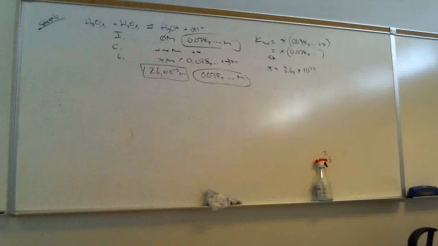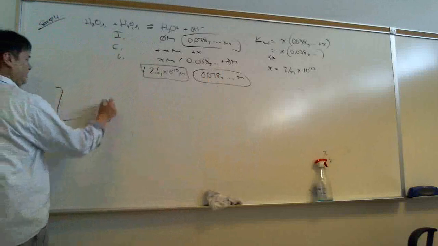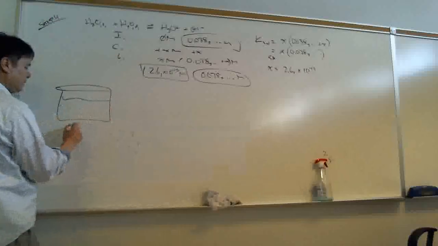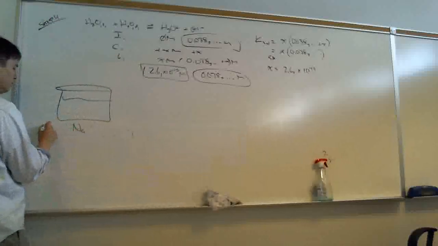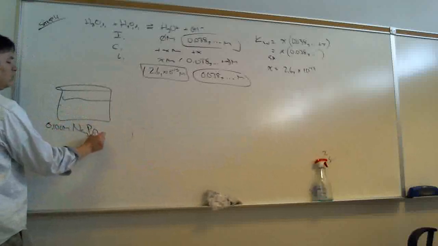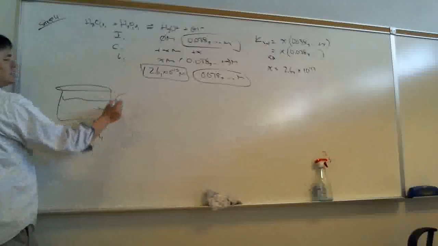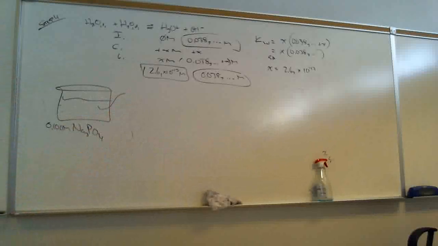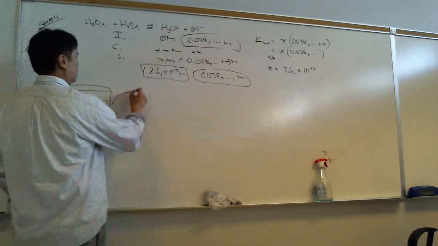And so let's figure out what's in this beaker now. If I have a beaker that is 0.100 molar sodium phosphate, what are all the species I'm going to find in solution and their concentrations, starting with the most abundant species? What's the most abundant species?